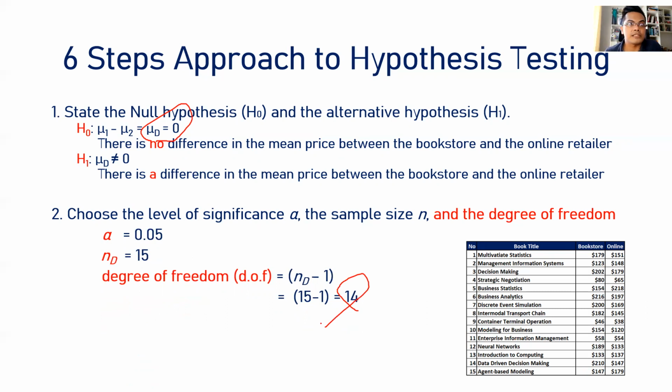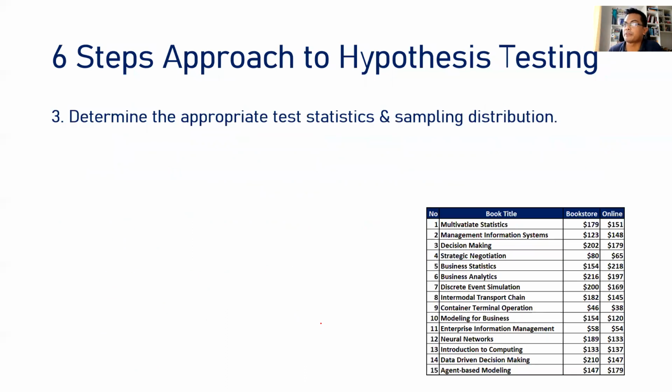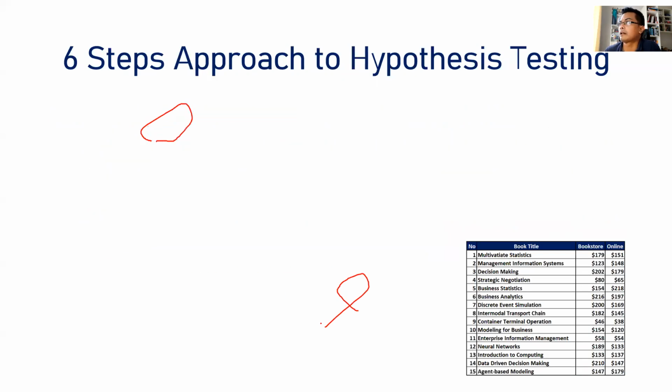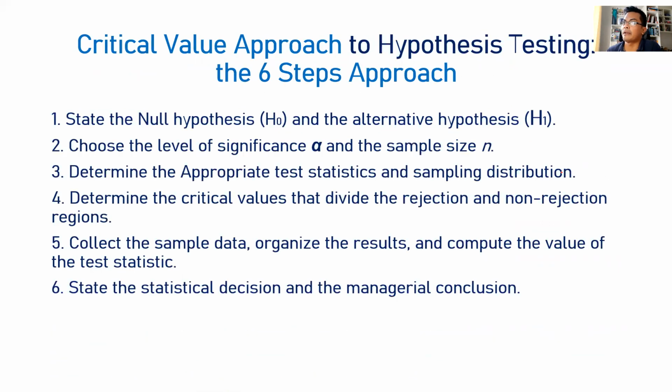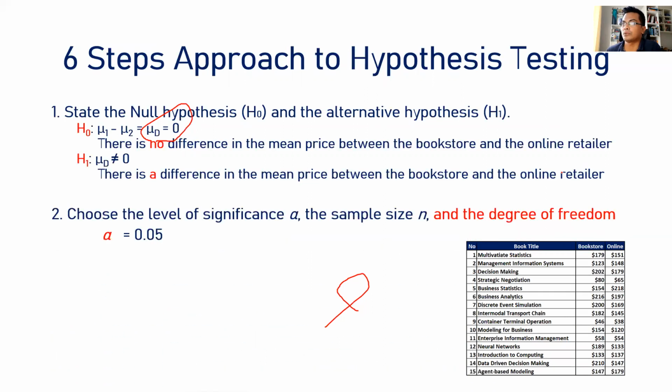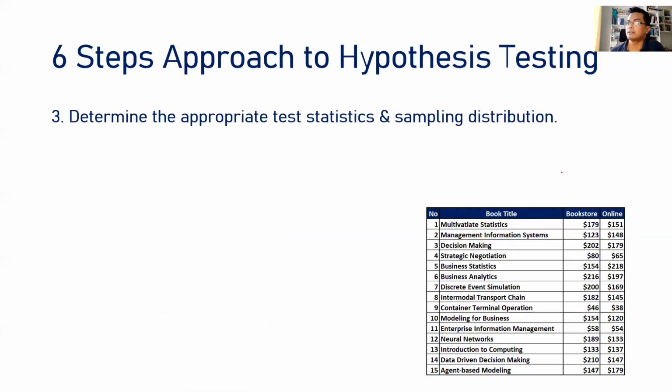Going to the third step, determine the appropriate test statistic and sampling distribution. In the problem set, we assume that the mean difference distribution is normal. Because we can see that we want to compare the difference of these two populations with the same pairing identifier, then it's a related population context.